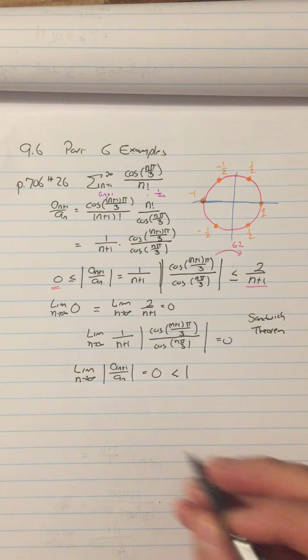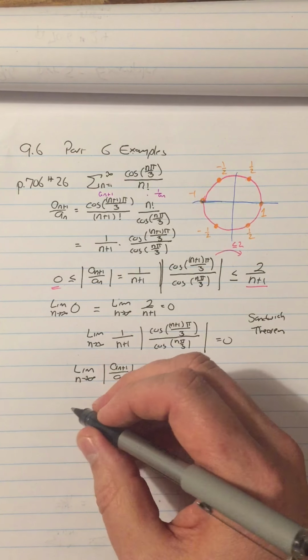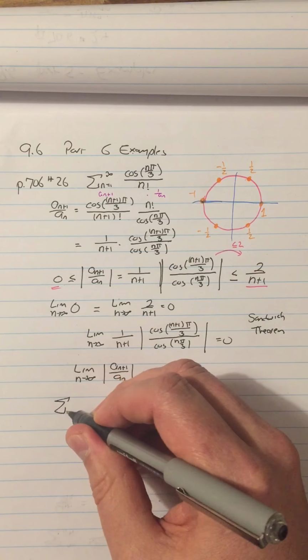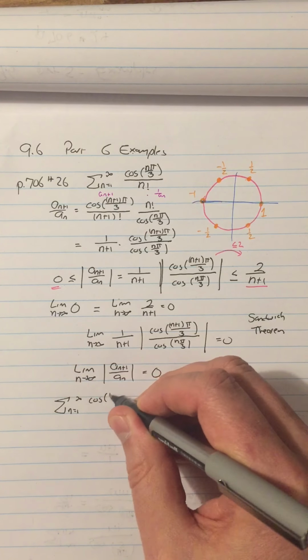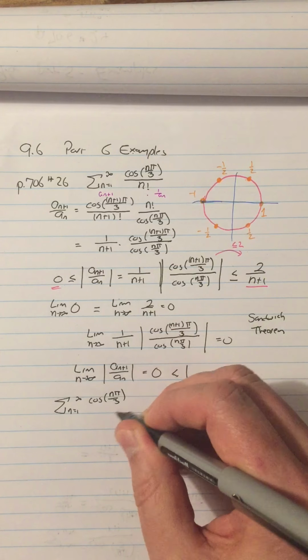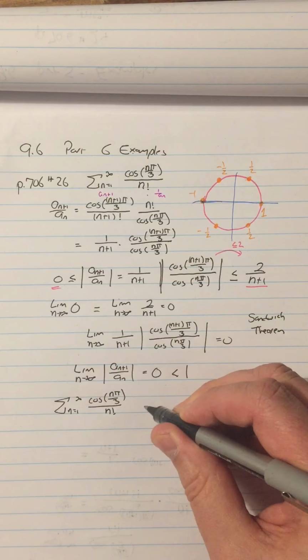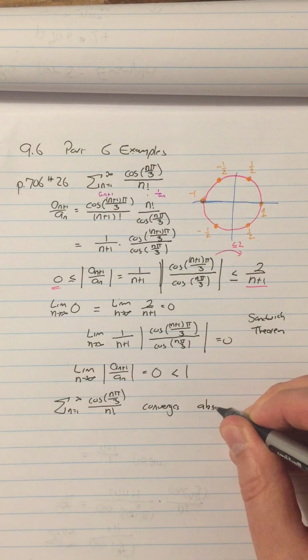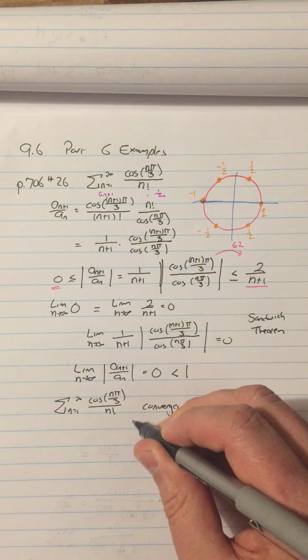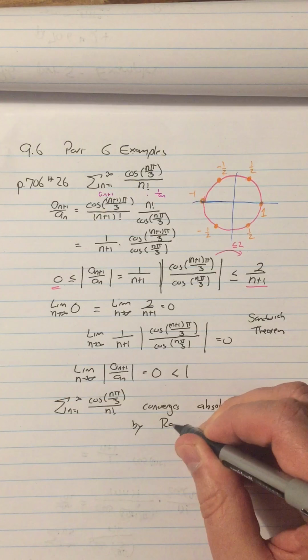So I get to conclude that not only does the sum from n equals 1 to infinity of cosine of n pi over 3 over n factorial converge, it also converges absolutely, by the ratio test.